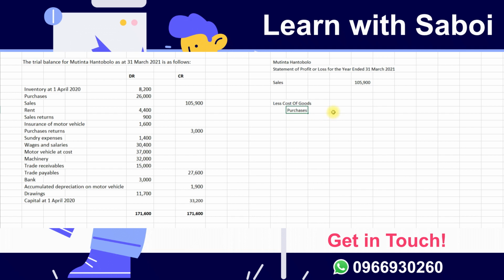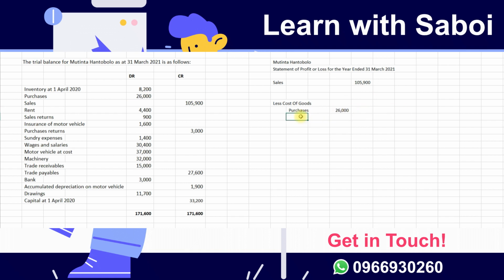How much is it for the purchases? This information is already made available in the trial balance. Here are the purchases right over here. It's 26,000. So I'm going to put 26,000 at this particular point.